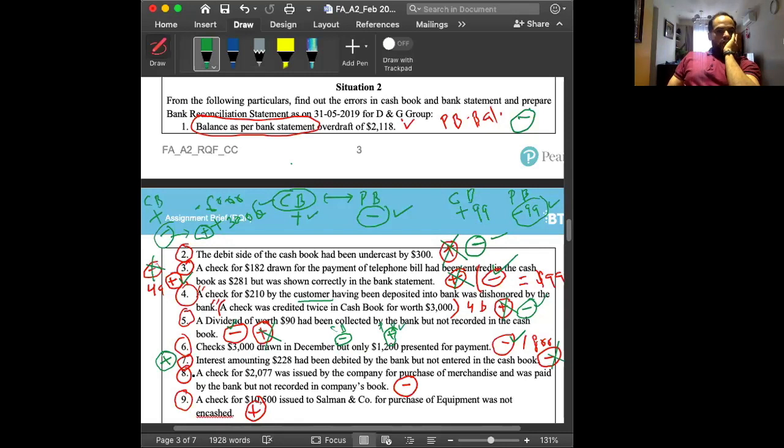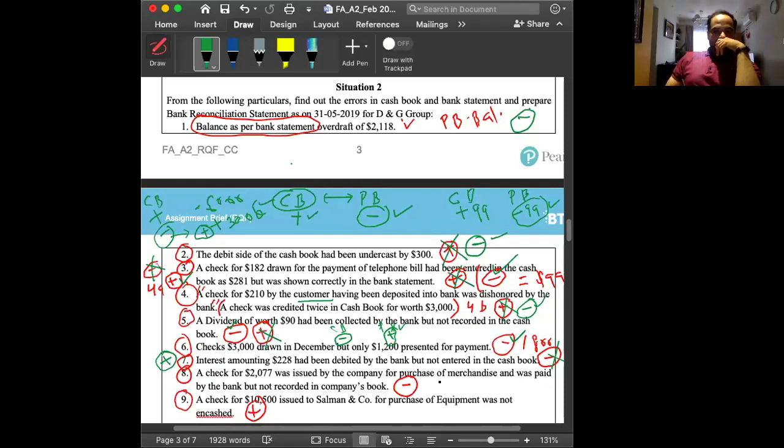Number 8, a check for $2,077 was issued by the company for purchase of merchandise, was paid by the bank but not recorded in the company's books. Plus or minus?